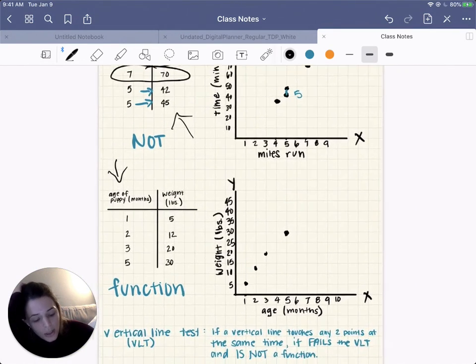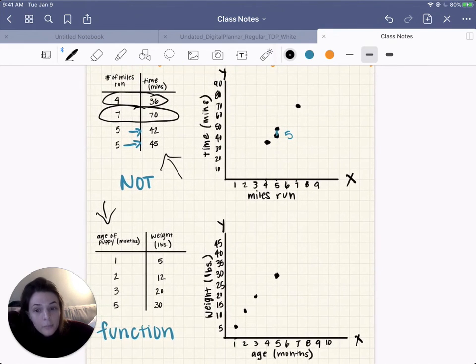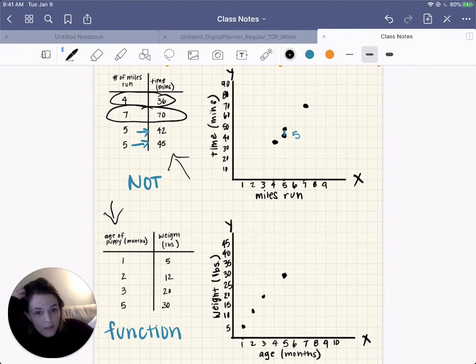So if we look at the first graph, let's say we put a vertical line here. Vertical line is one that goes up and down. It only touches 1 point on the graph. So that one's fine. But what if I put a vertical line right here?